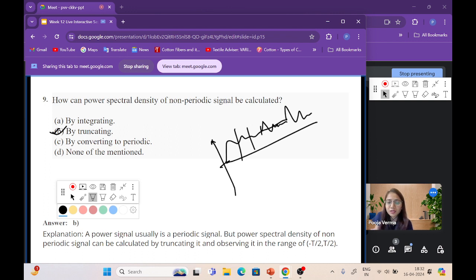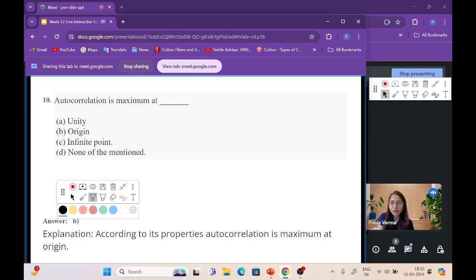The explanation given is that a power signal is usually a periodic signal, but the power spectral density of a non-periodic signal can be calculated by truncating it and observing in the range of minus T by 2 to T by 2. That range T value can be anything. So option B is the correct answer. Okay, so moving to the next question.